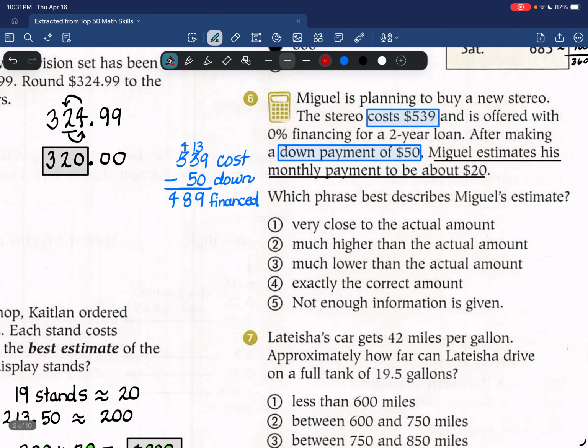But we need to take a look right here at the 2-year loan, because he's making monthly payments, not yearly payments. So I know that 2 years in terms of months, this is not an estimate, it's 24 months. So I need to divide 489 by 24. And you can use your calculator. You don't have to do that longhand.